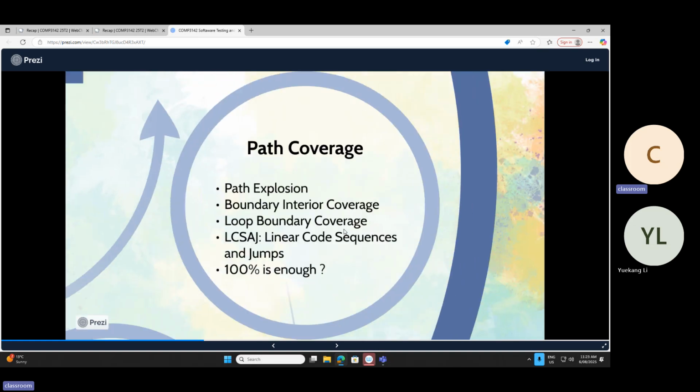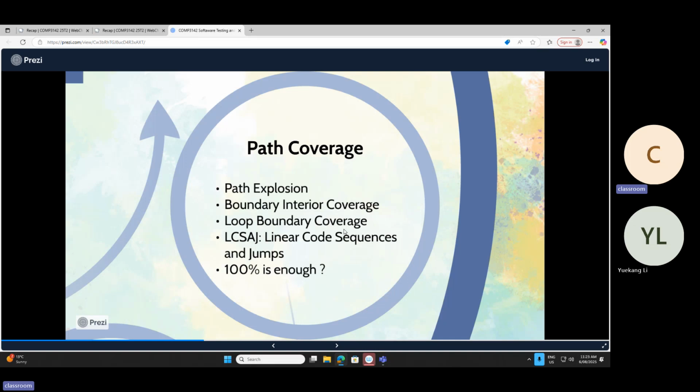And we also learned the most detailed coverage we can get from a control flow graph, which is path coverage. A path is an execution path consisting of basic blocks and edges, like a permutation of different basic blocks and edges on the control flow graph.